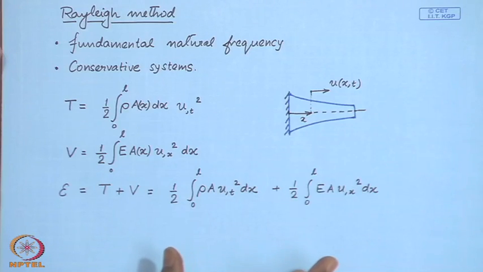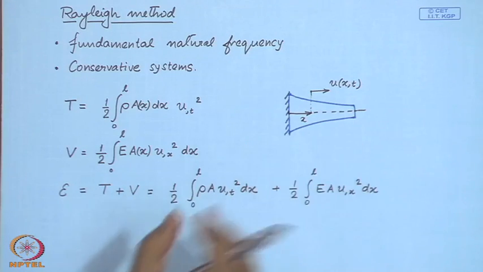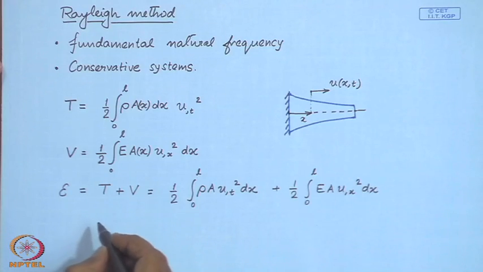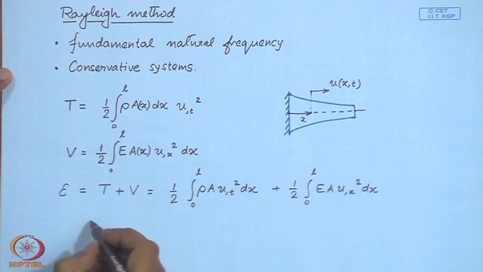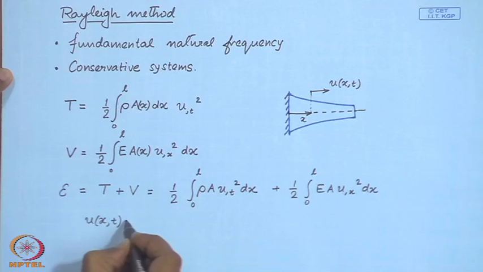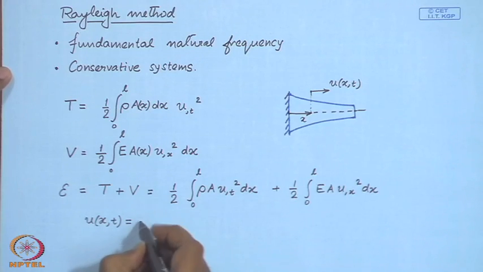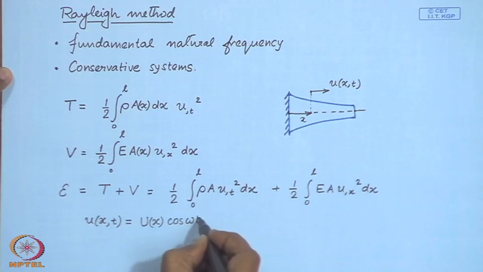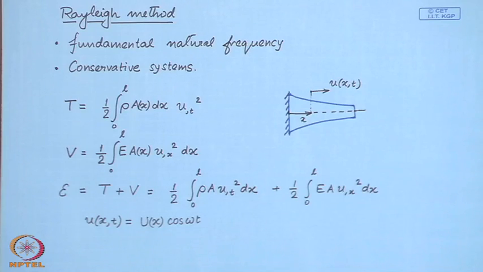Now, let us suppose that this system is vibrating in one of its modes. As we have already discussed, when a system is vibrating in one of its modes, the field variable can be written as a separable function of space and time in this form.